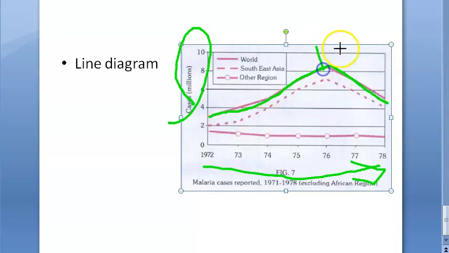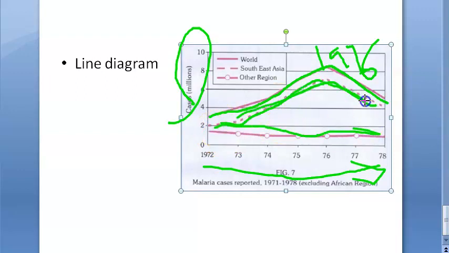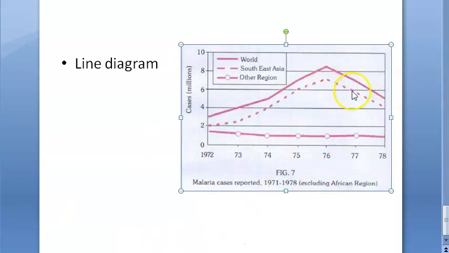In 1976, the cases of malaria in the world were really high. And here they are showing Southeast Asia and other areas. So Southeast Asia had the maximum number of malaria cases in the world in 1976. This is the world, this is Southeast Asia, this is others.